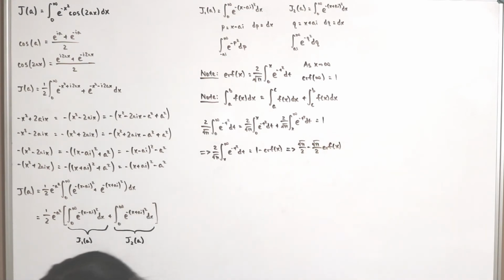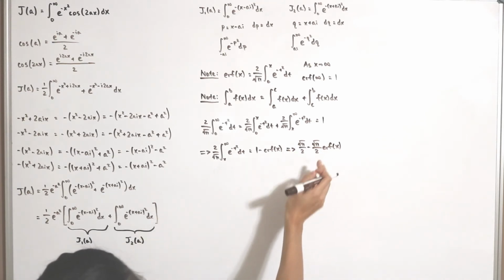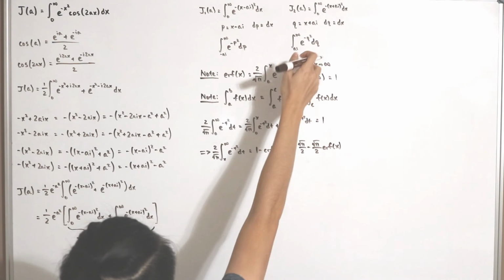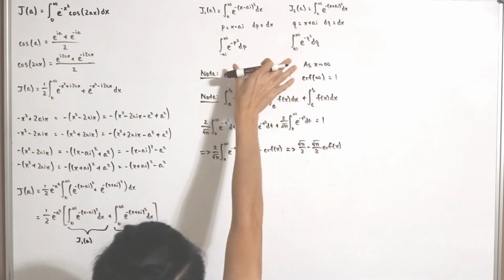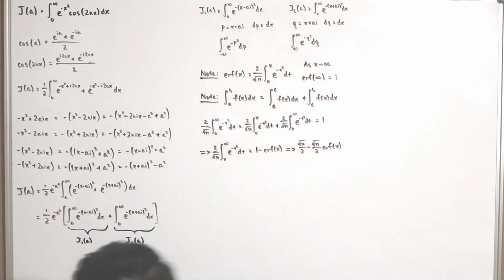Okay, so now that we have our bounds and the standard formulation, we can just plug in our bounds for negative ai and then positive ai.